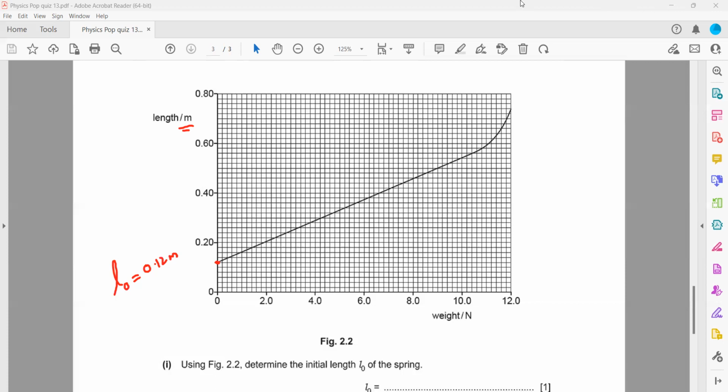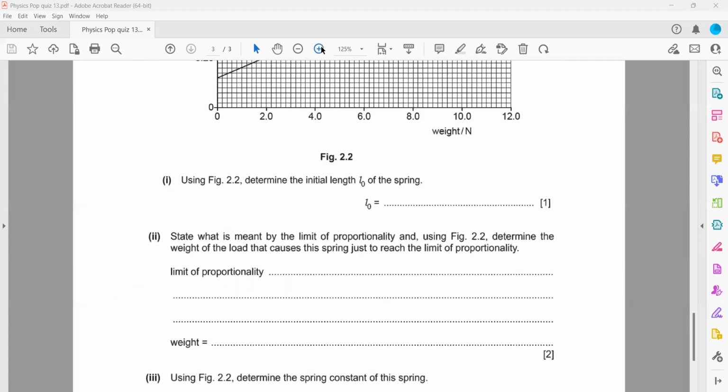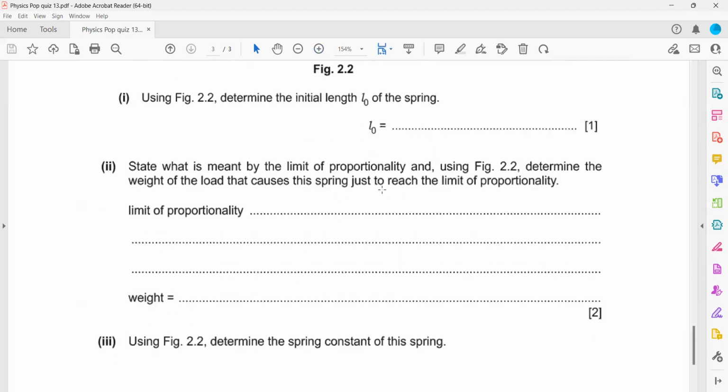Then in the next part, state what is meant by the limit of proportionality, and using figure 2.2, determine the weight of a load that causes the spring to reach its limit of proportionality. What is the definition of the limit of proportionality? It is a point beyond which the extension is not directly proportional to load, or the increase in extension and increase in load will not be constant.